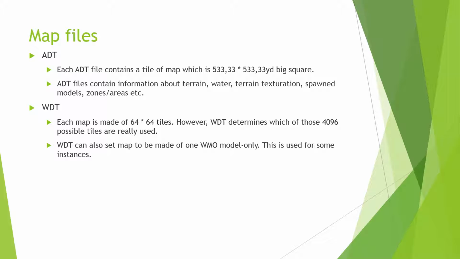This is used for some instances, for example for raids. If some raid or some dungeon is made of one cave only, it is only one WMO model, that's the whole map. It will be set in this WDT file, and there will be no ADT files. In all other cases, if a map is some sort of continent, it will have ADT files.